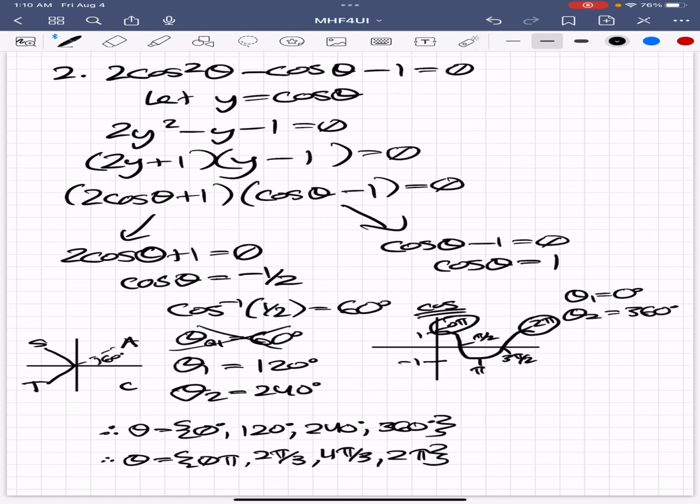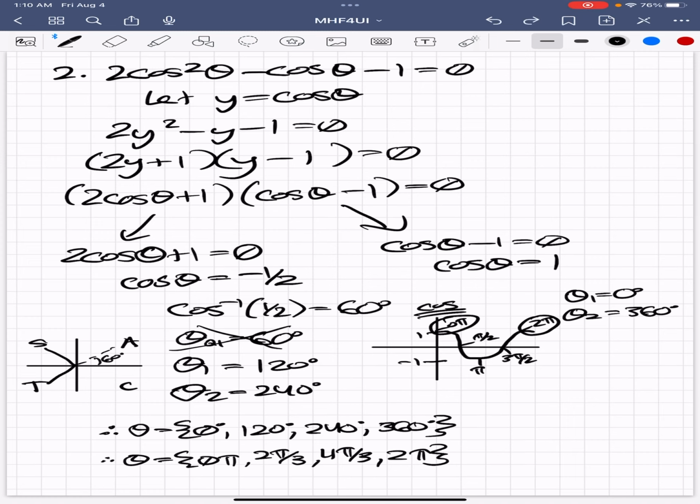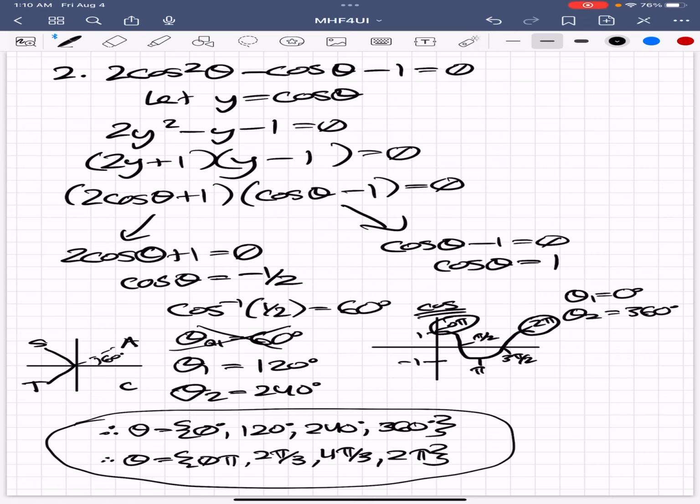Okay. So that's both the answers there if you want it in exact values. Or if you want it in degrees. Moving on.